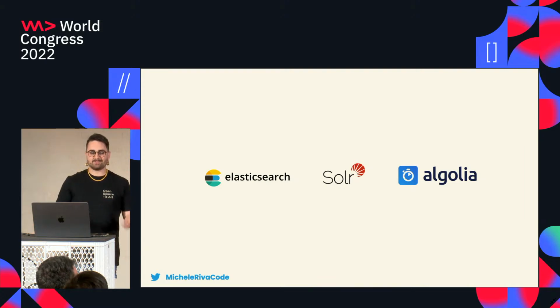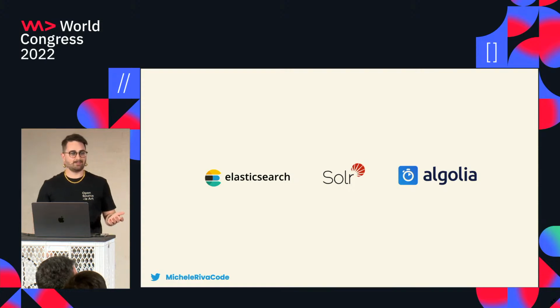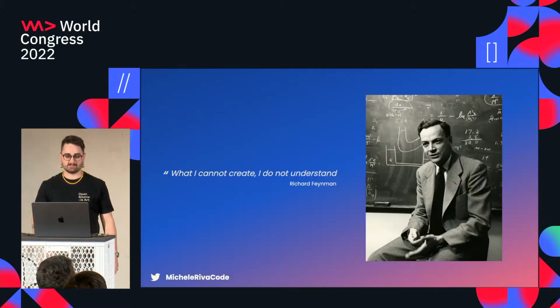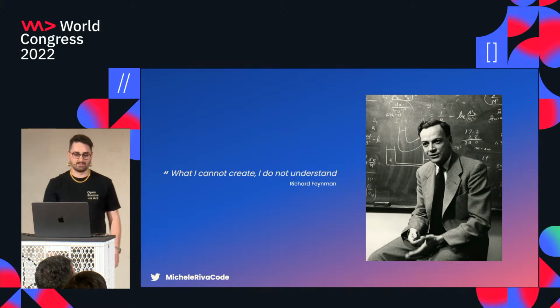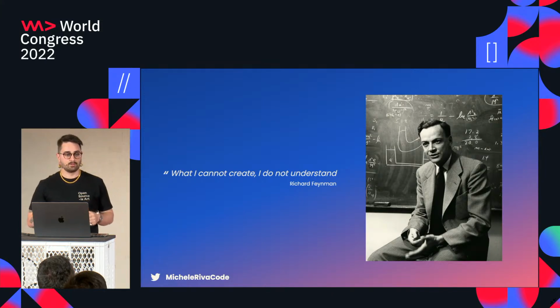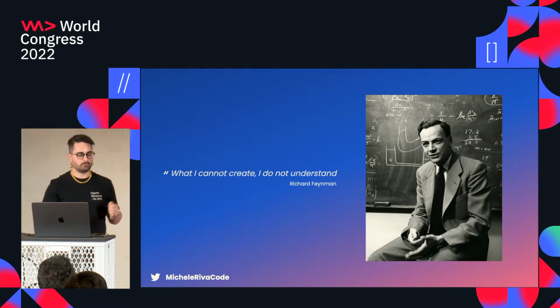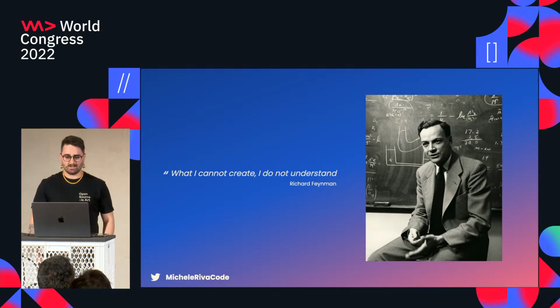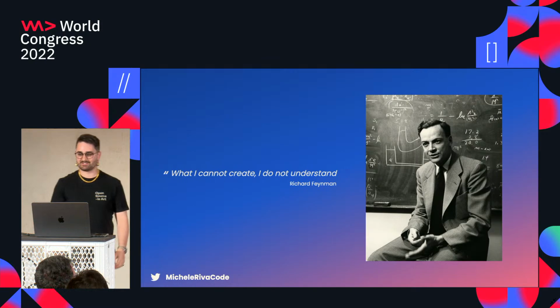So why do we want to build something from scratch and reinvent the wheel again? Well, there is a great quote from a very good scientist, Richard Feynman, which states, "What I cannot create, I do not understand." And that's the case for me. I really wanted to understand how search engines work, how full-text algorithms work. So that's why I wanted to build something from scratch.